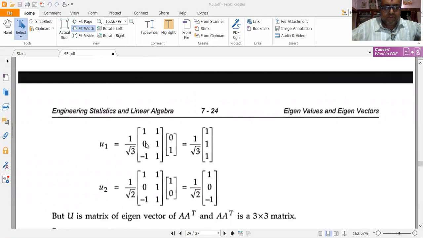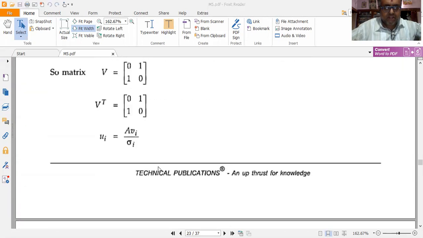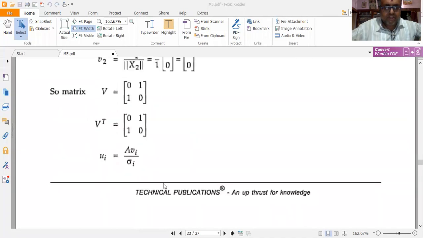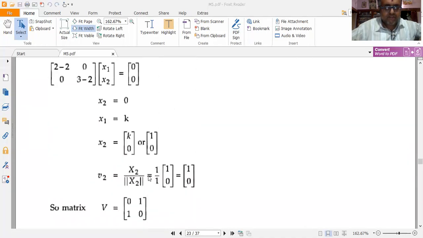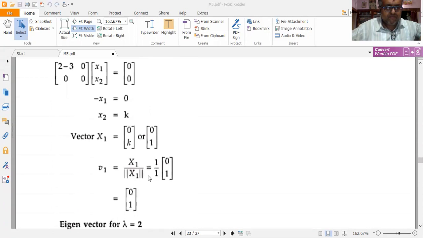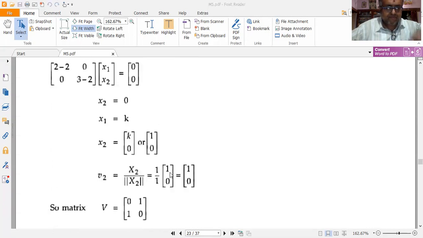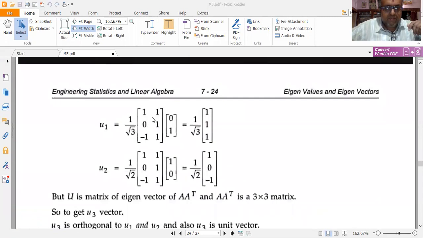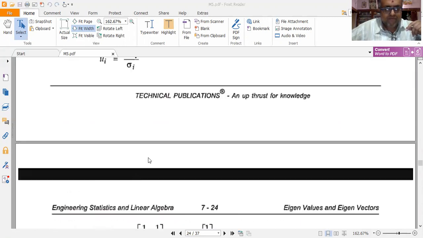So 1, 1, 0, 1, minus 1, 1 into Vi. That is your V1. So V1 is given by how much? V1 is 0, 1. So 1 by root 3, 1, 1, 0, 1, minus 1, 1, 0, 1. So if I multiply, I get 1 by root 3 into 1, 1, 1.